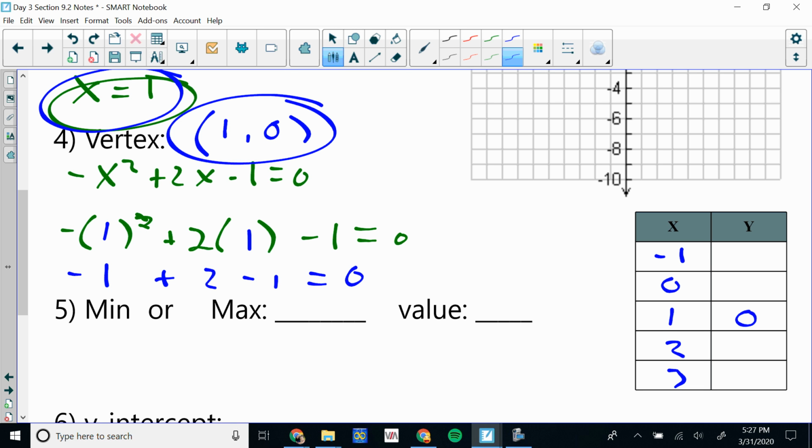Okay, so let's see, we have the equation negative parentheses. I'm just going to start by plugging in 1 squared plus 2. I'm doing this in my calculator right now, so bear with me. Parentheses 1 minus 1, enter. Oops, minus 1, delete, enter. And we do get a 0.